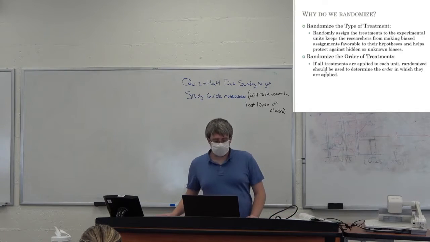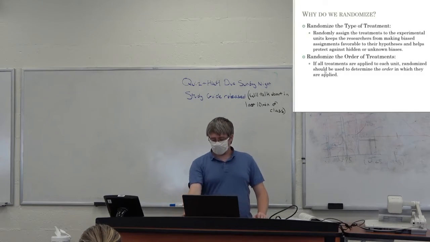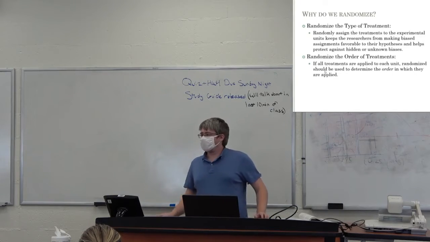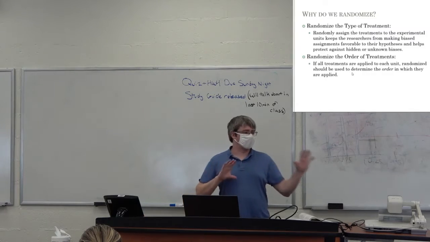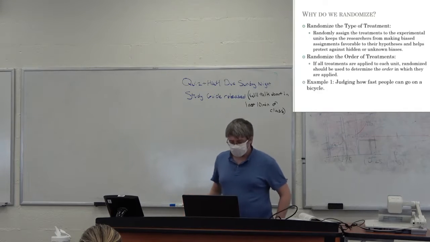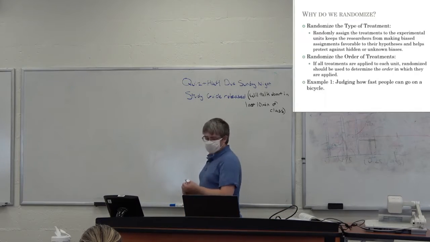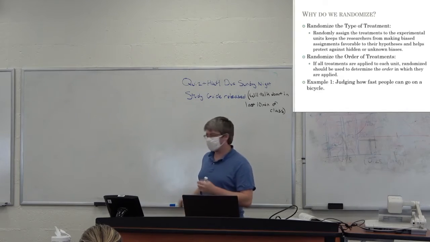But essentially, if 1 comes before 2, and you want to determine the effect of maybe 1 on 2, or even if there is an order effect, then you're going to want to randomize the order in which each person gets it. I know I'm glossing over this a little bit, but I'm going to show an example of each, and hopefully that helps you understand.